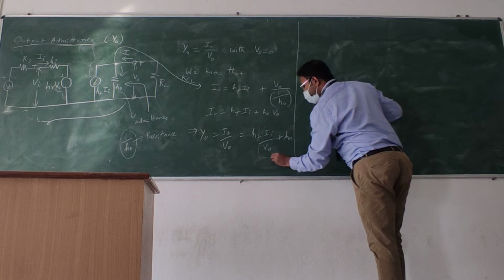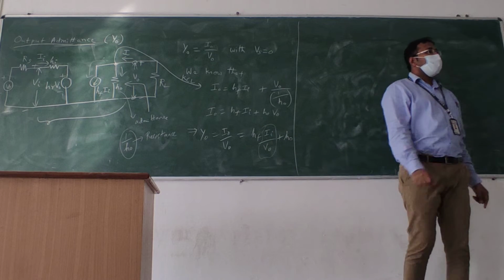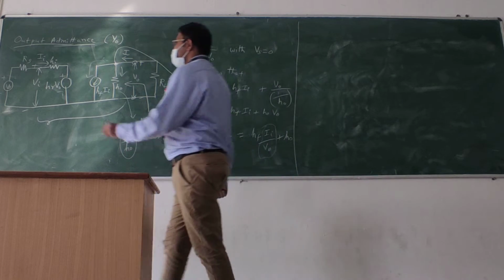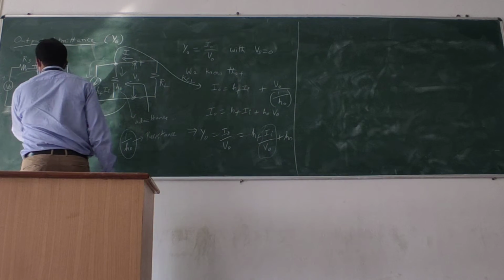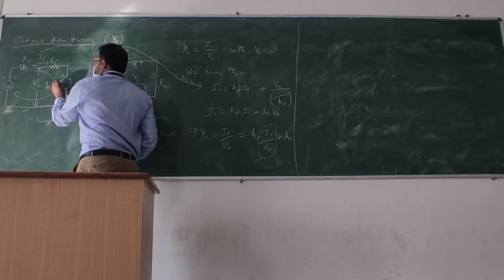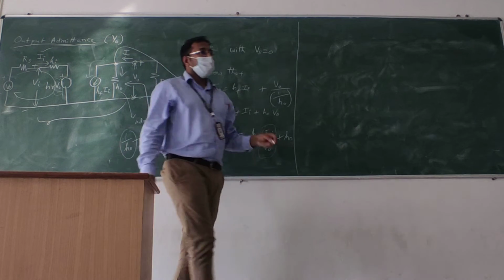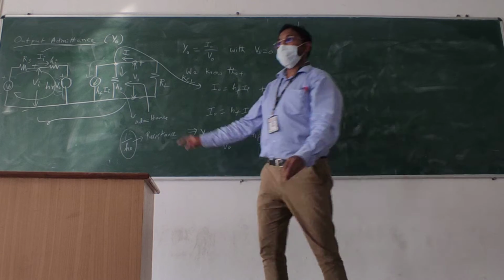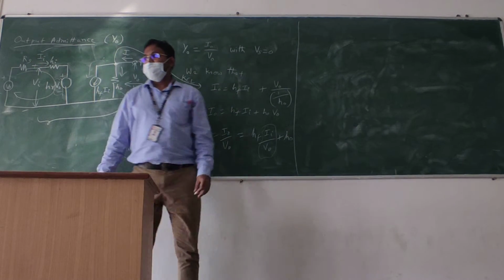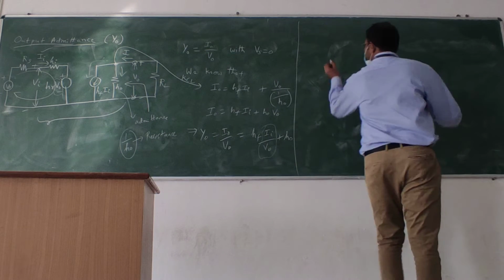We need to solve for I by V naught. From where can we get this? It is the input loop which has both II and V naught terms. Here, in the input loop, we have both II and V naught.